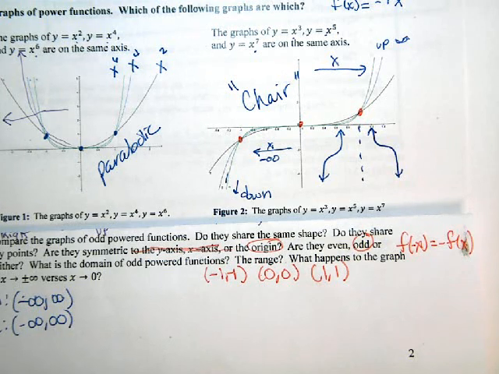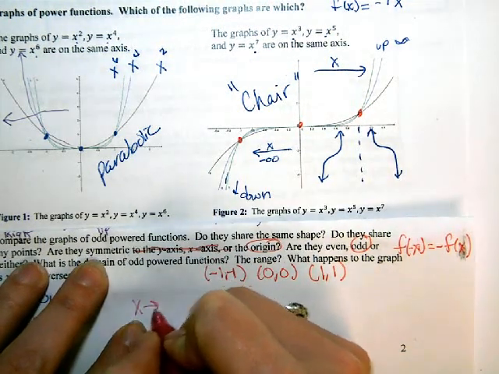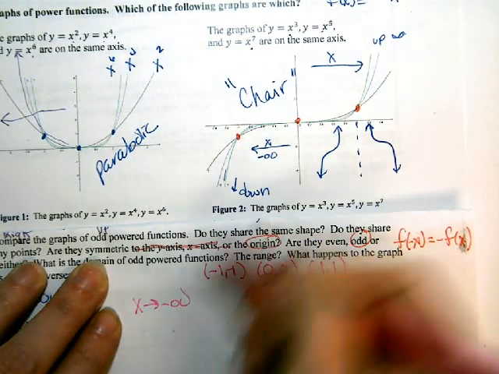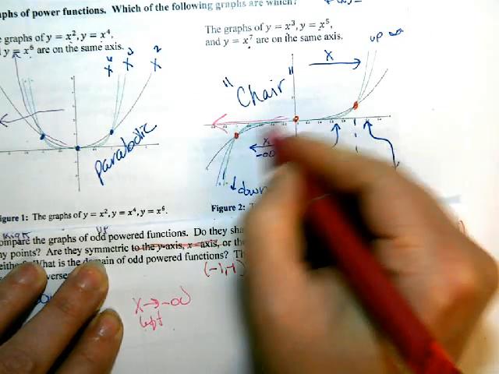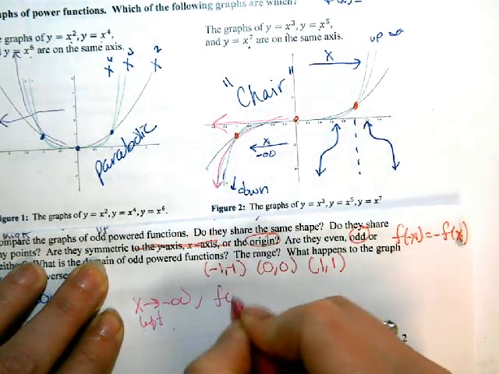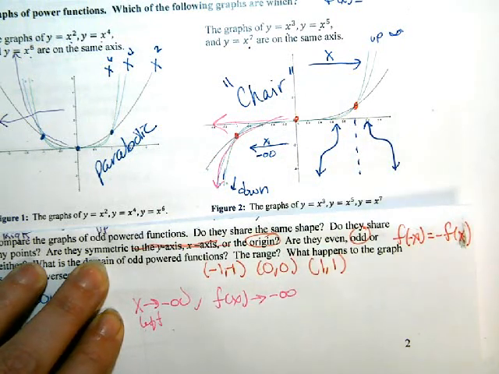And then it asks, what happens to the graph as x goes to the left, x goes right, and x goes to 0? So let's take those as three different ideas. As x goes to the left, that's going this way on the graph, going left. The y values are going down. So you say f of x is going to -infinity.